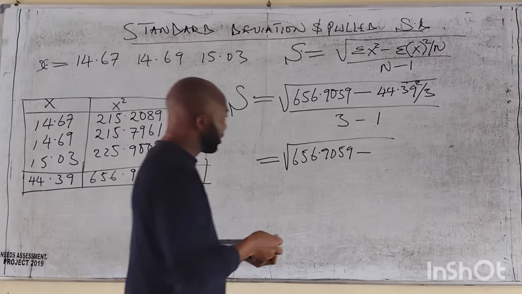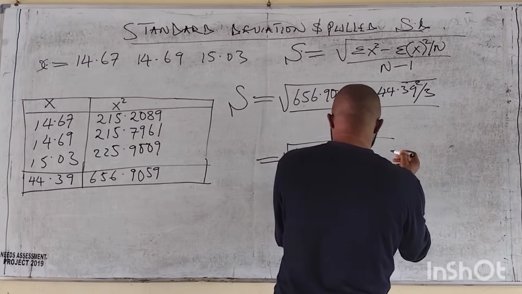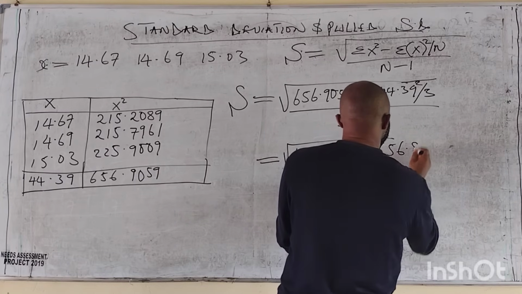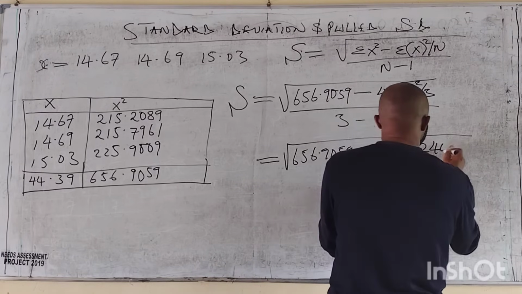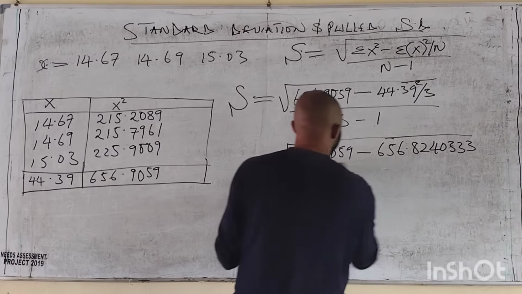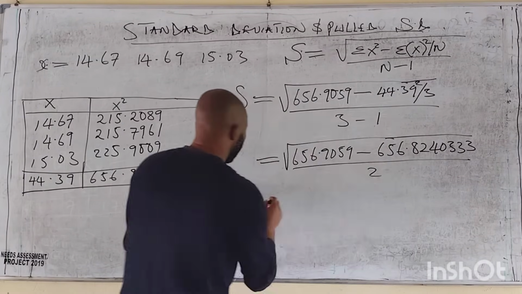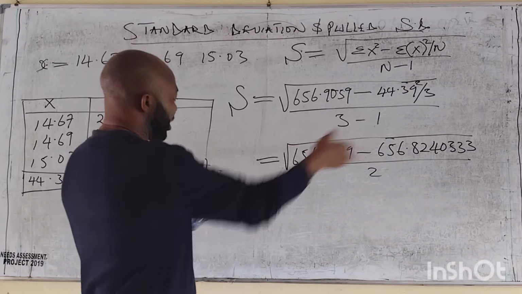Now, having divided it, I have 656.82403333, all over 3 minus 1, which is 2. I'll proceed. This minus this.